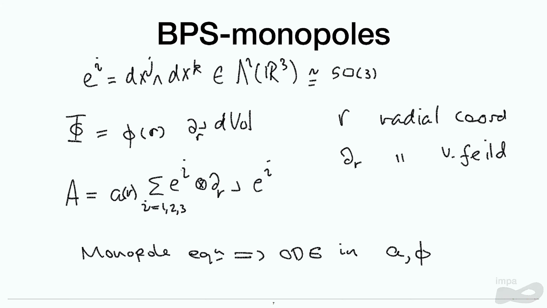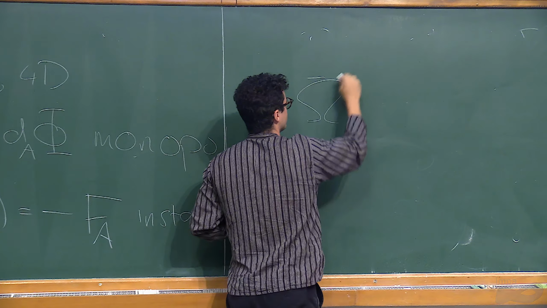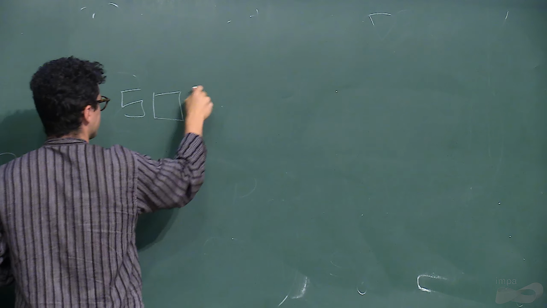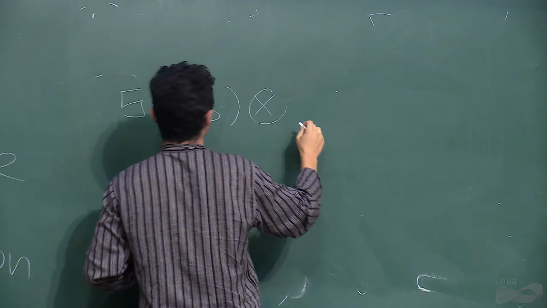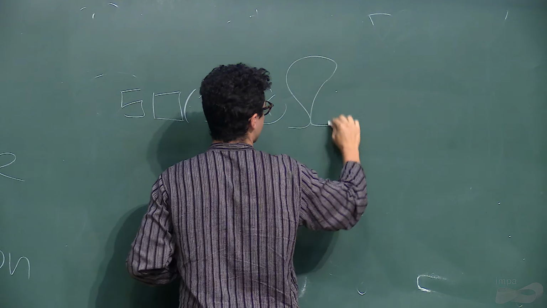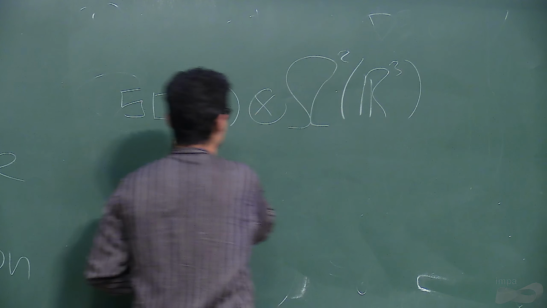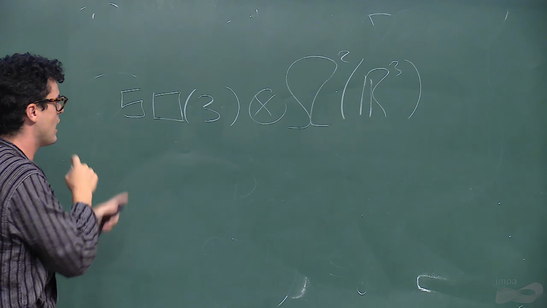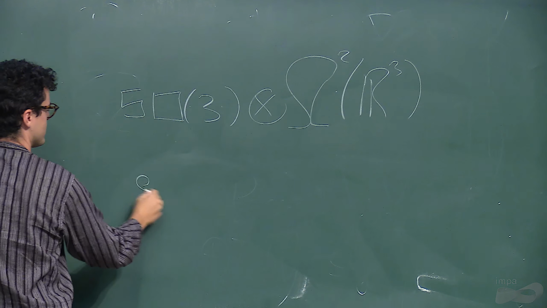That gives me a section. Remember, I'm identifying 2-forms with elements in the Lie algebra of SO3. And then the identity map is this.